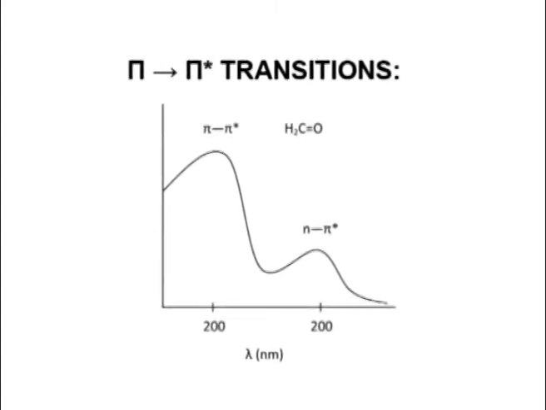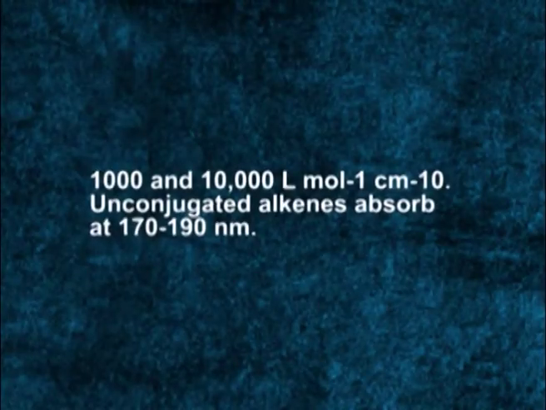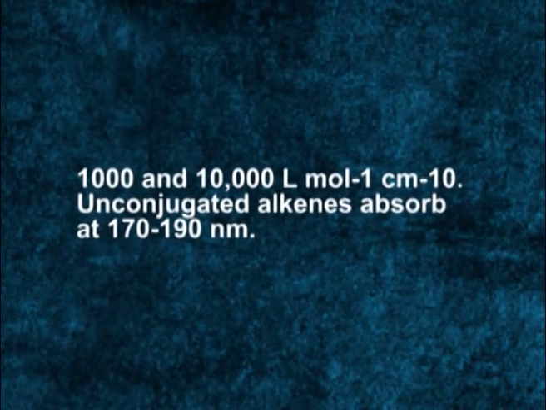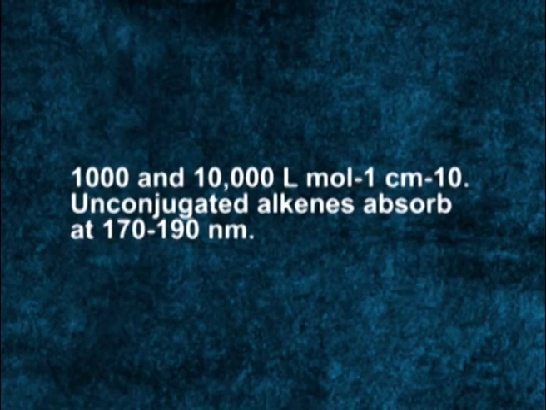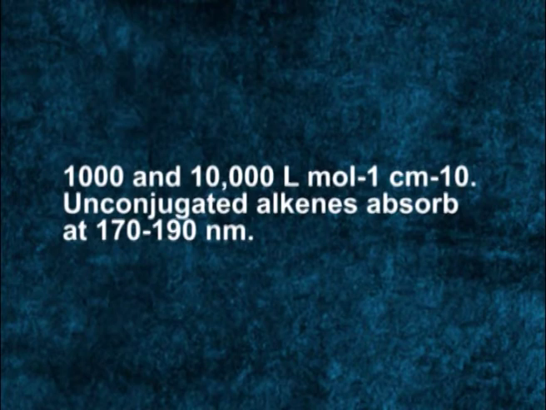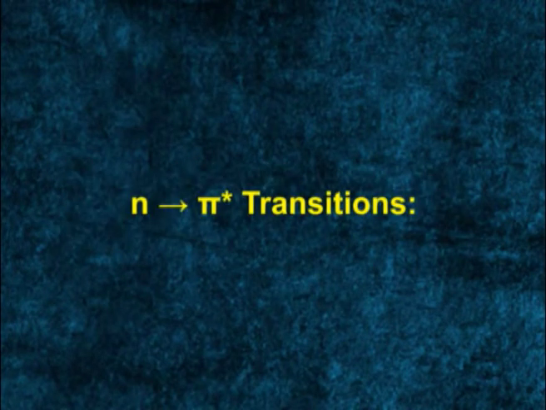Pi to pi star transitions normally give molar absorptivities between 1000 to 10,000 liter mole inverse centimeter inverse. Unconjugated alkenes absorb at 170 to 190 nanometer. n to pi star transitions.